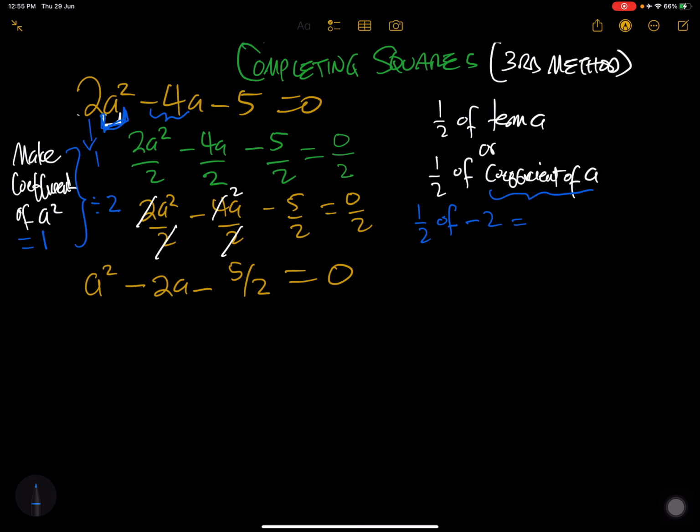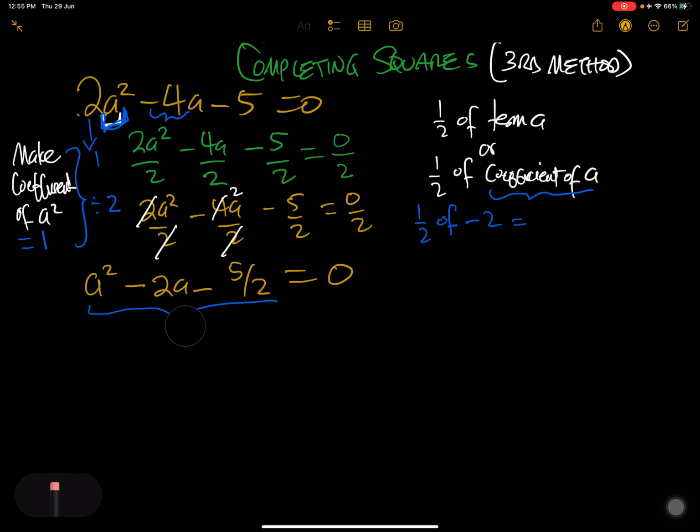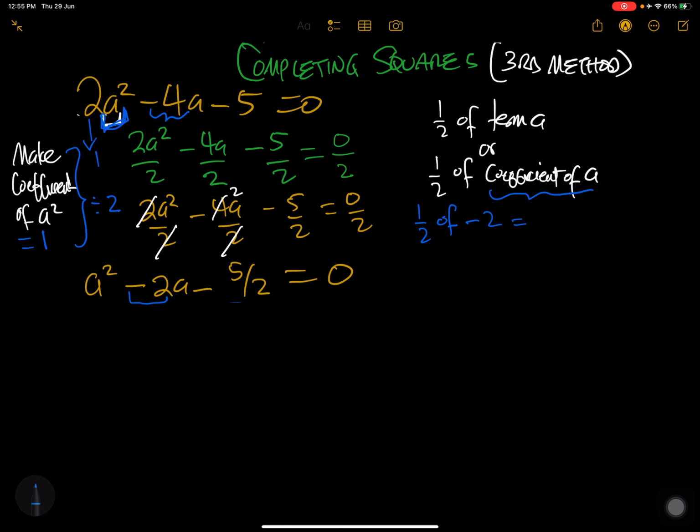So after doing that, the coefficient of a is now the negative 2 that we are having here. So half of negative 2 will give us half times negative 2, which is negative 1. Can you see that? This will cancel this and this will cancel. We're going to get 1 over 1 times negative 1, which is actually negative 1.